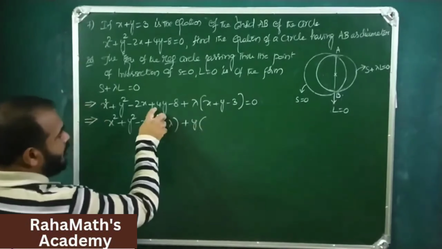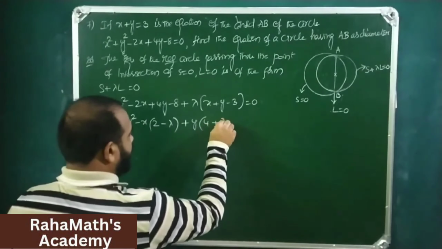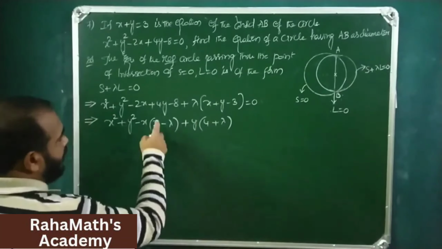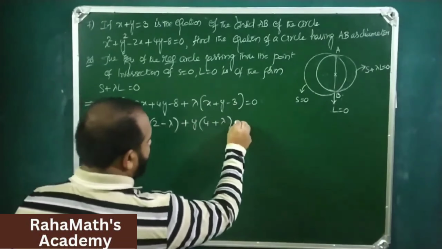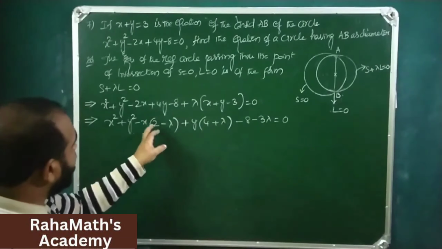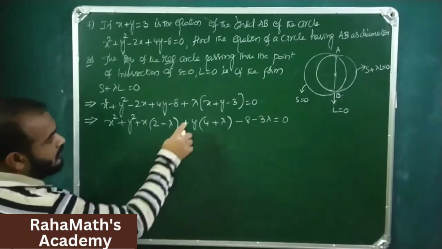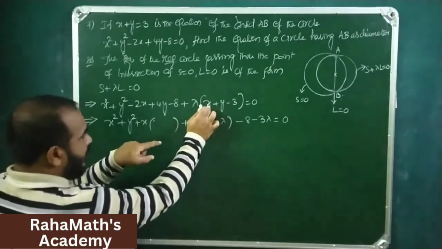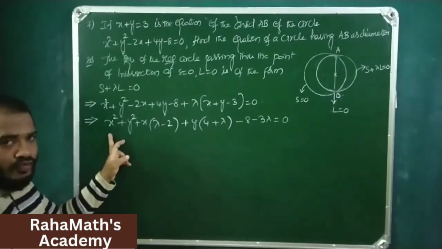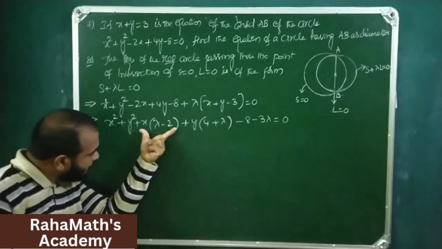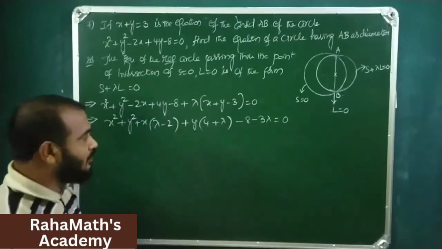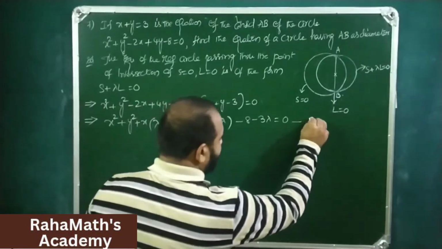Y if I take common, 4 plus lambda, minus 8 minus 3 lambda equals to 0. Otherwise, if you take plus x common, then this will be lambda minus 2. Then this is clearly of the form x square plus y square plus 2gx plus 2fy plus c equals to 0. So this is the first equation.